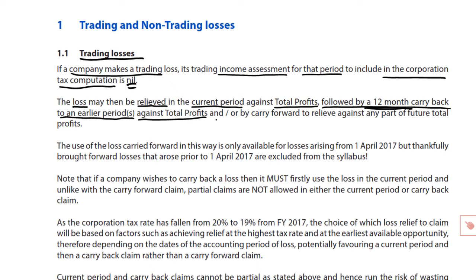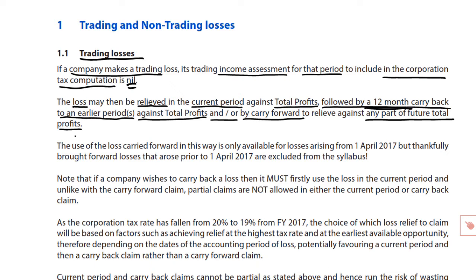Well, now, in addition to what we've said about current and carry back claims, and or by carry forward, to relieve against, now's an interesting term, any part of future total profits. So whereas on a carry back claim, it was all or nothing, there was no partial claims, all of the loss against all of the total profit.